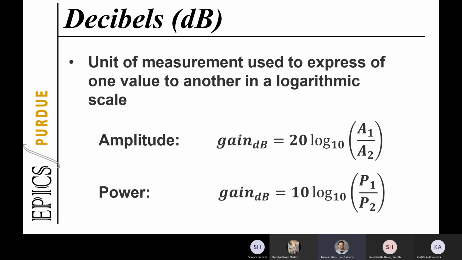So that's something to keep in mind as we look into measuring different gains, whether the numbers we're looking at are amplitude or power. We need to keep that in mind to use the right equation.